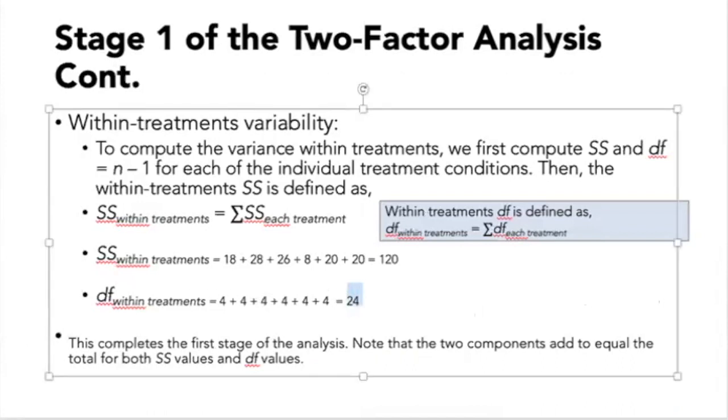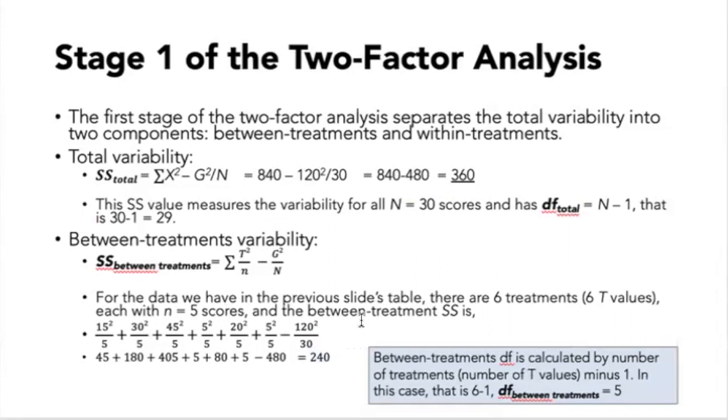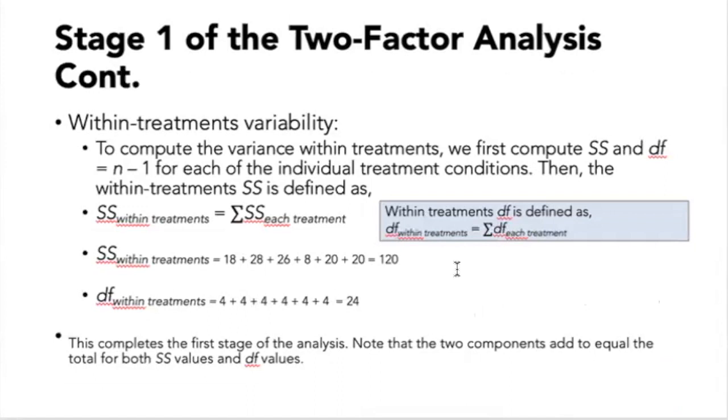This 24 and the 5 would add up to 29. 29 is the DF total. Here you have for the between treatments 5. So 24 here and 5 over there would always come to 29. So both the DF and SS values of between and within would always be equivalent to the values you have for the total variability and total DF.